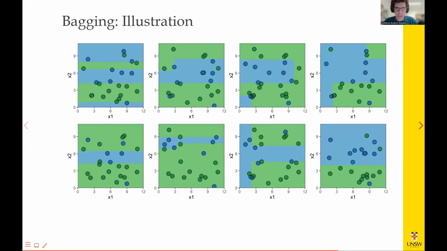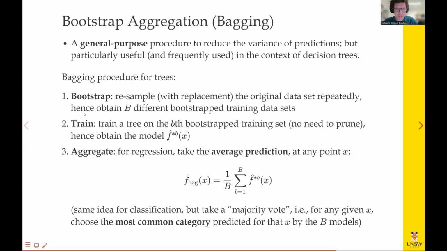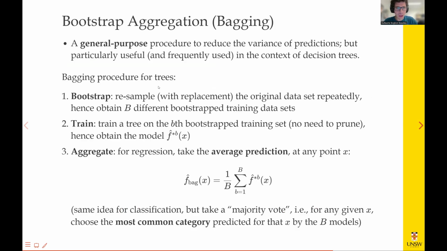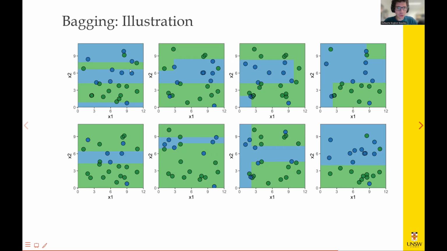Okay, this is a classification example. Imagine those correspond to 8 bootstrap samples. So again, you start with an initial data set here of 2 predictors, x1, x2. This is probably this actual data set here. But anyway, you bootstrap it, in this case, 8 times.